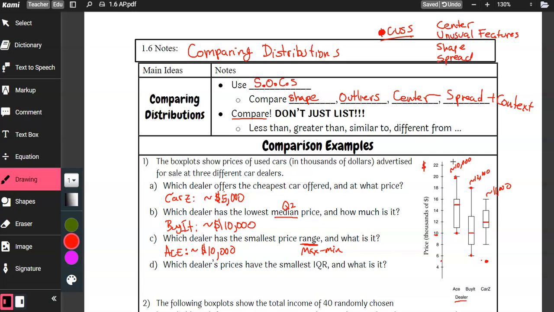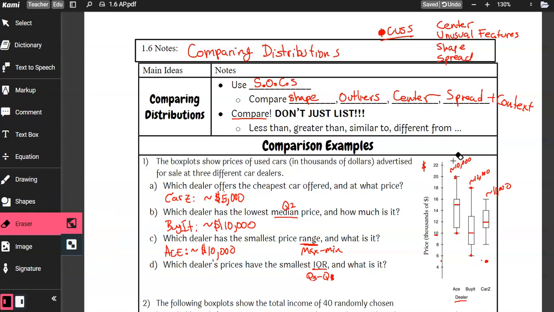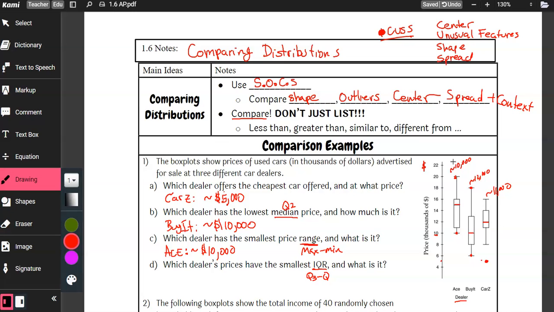Part D, which dealer's prices have the smallest IQR, and what is it? So remember, the IQR is the third quartile minus the first quartile. Or you could see the size of the box.